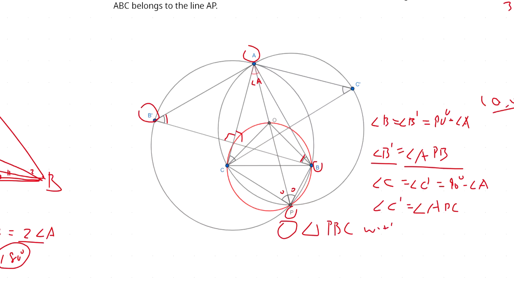So I let the point O be the intersection point of the circle and AP.